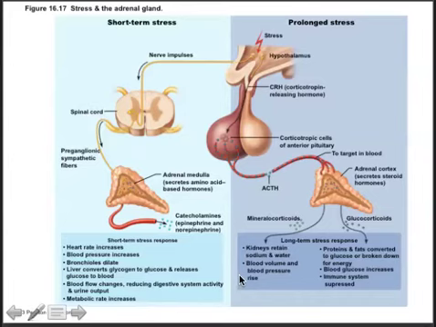Here you can see what happens in prolonged stress. We end up via the anterior pituitary stimulating the production of adrenal corticoids, primarily cortisol and mineralocorticoids, which have the effect of dysregulating blood sugar and blood pressure, as well as blood volume, and also suppressing the immune system.